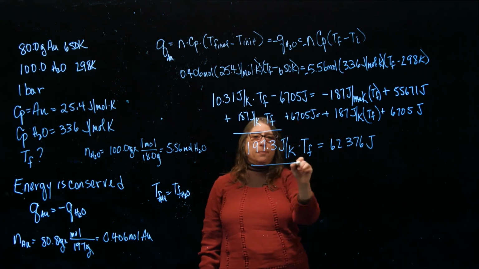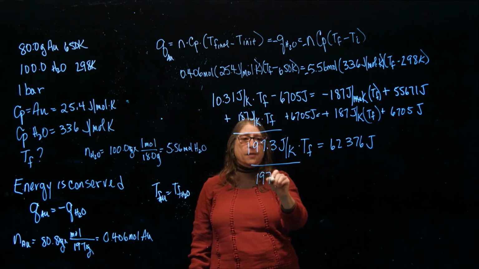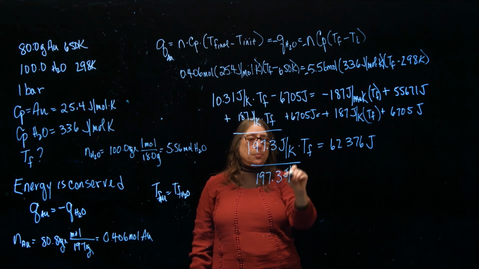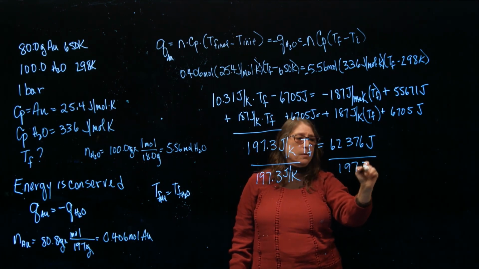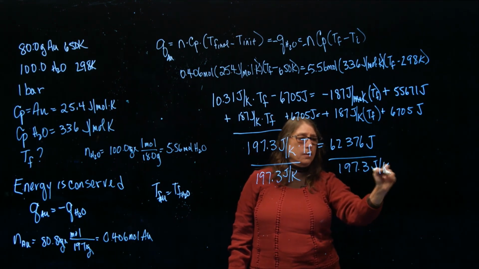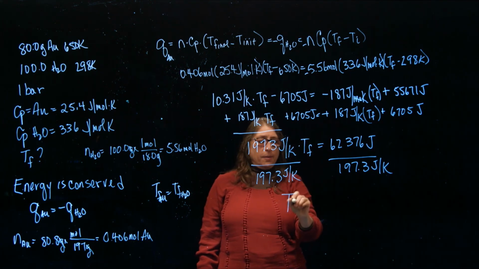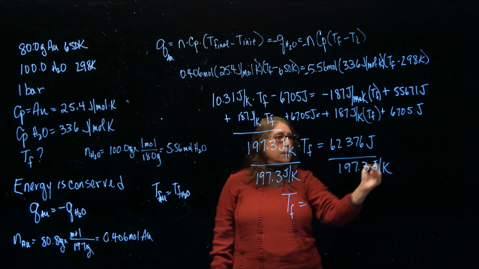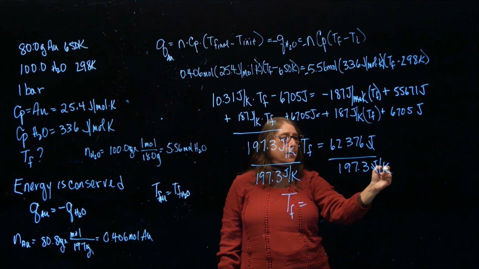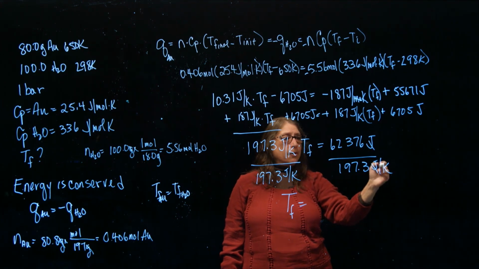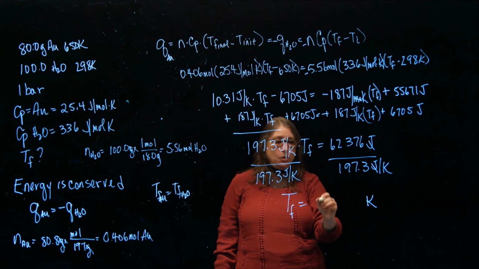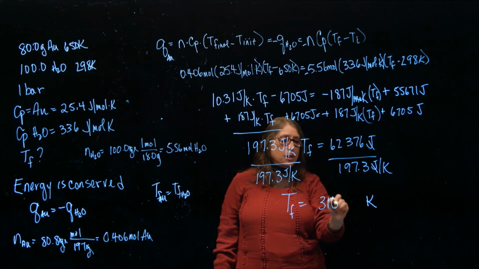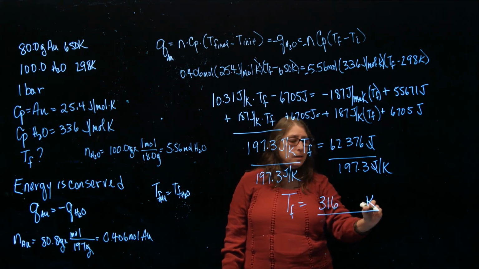And I'm going to divide both sides by 197.3 joules per Kelvin. And I discover here that my joules are going to cancel. I have a Kelvin in the denominator of a denominator, so it comes up top into the numerator, and the answer is 316 Kelvin.